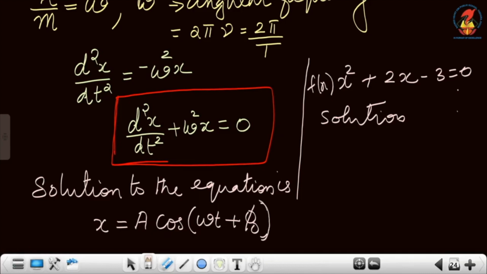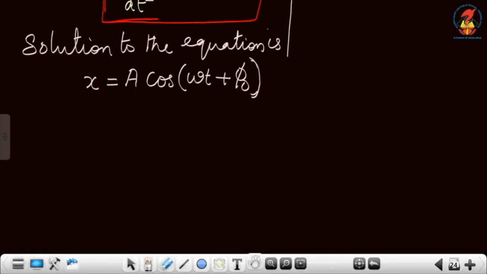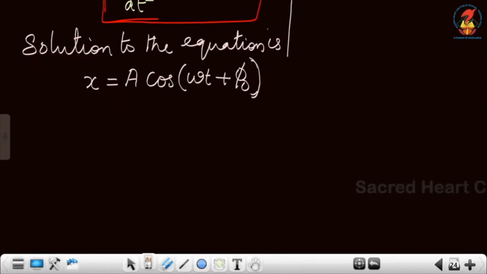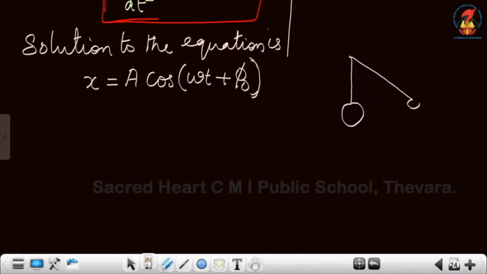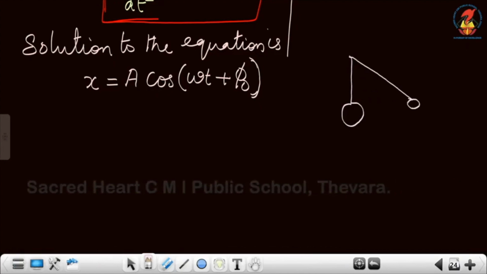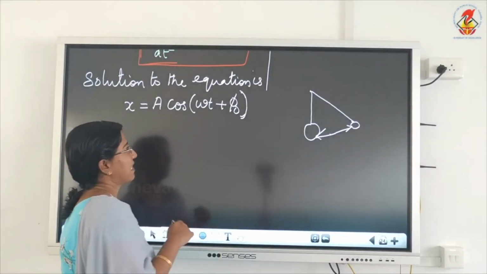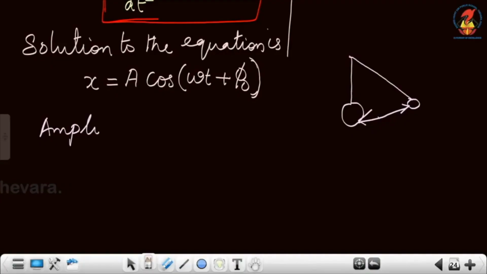Now I am going to explain each term in this equation with the help of the simple pendulum, because the simple pendulum is more familiar to you. So this is the simple pendulum. What I am doing is applying some force and displacing it to this particular point. So this much is the maximum displacement that the pendulum can have, and that maximum displacement is what we call the amplitude of the wave.